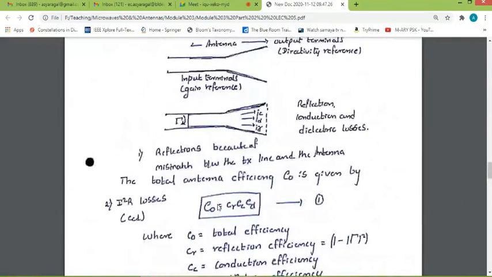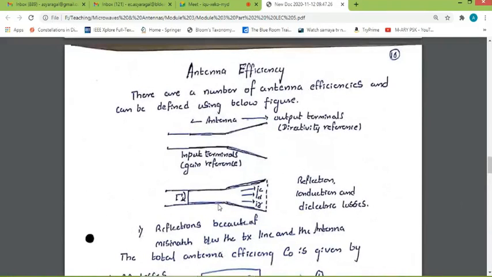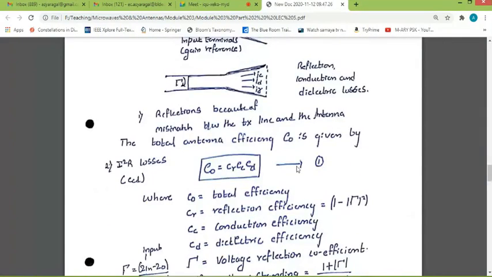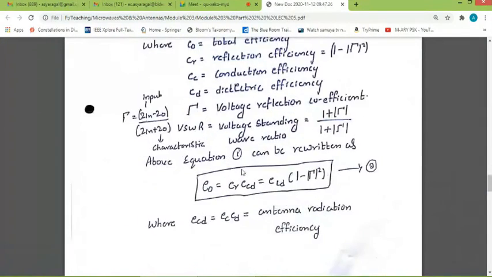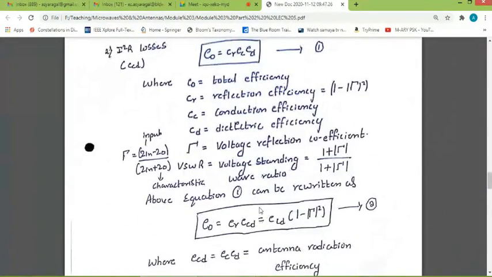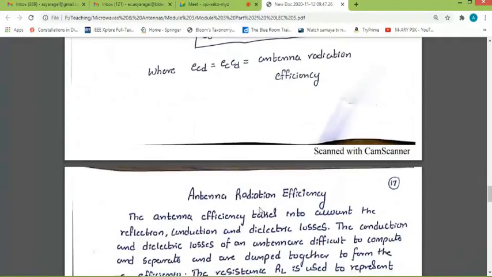So I think it is very clear regarding the antenna efficiency. We need to consider the input terminals, output terminals, and these three: reflection losses, conduction and dielectric losses. Together we can write equation number 1, which can be modified with this equation. Well, let us understand the radiation efficiency, or antenna radiation efficiency.